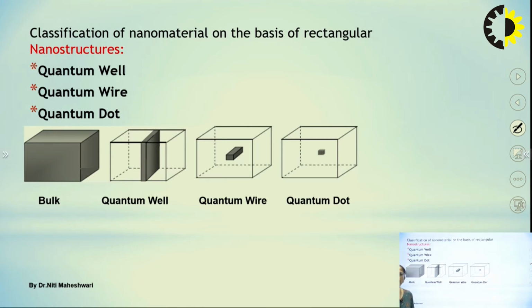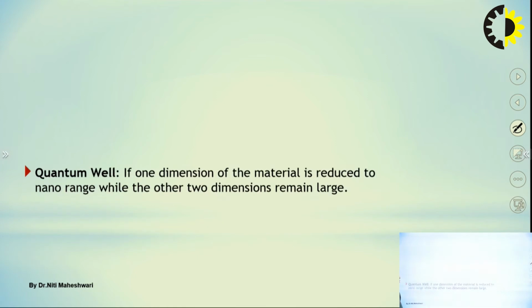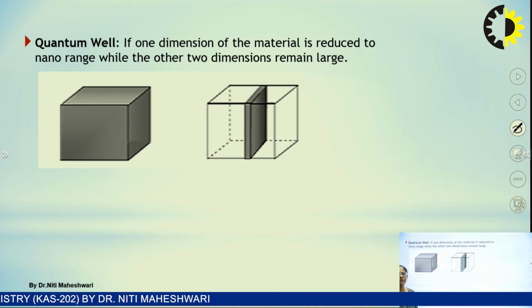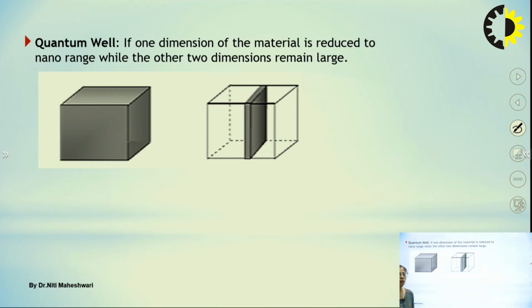So, depending upon in which dimensions we are converting the material into the nano size, this classification is given. Now, coming to the quantum well, in case of a quantum well, only one dimension of the material is reduced to the nano range, while the other two dimensions are large.